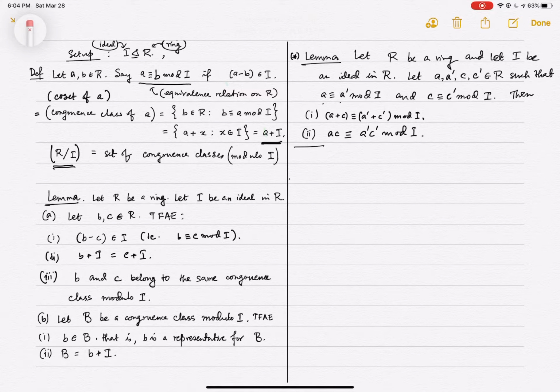And I also want to rephrase this a little bit in view of the equivalence given on the left hand side. You see, a plus c and a prime plus c prime are congruent mod I, meaning that the difference is in I. That's the same as saying that the congruence class of this one is the same as the congruence class of that one, right here.